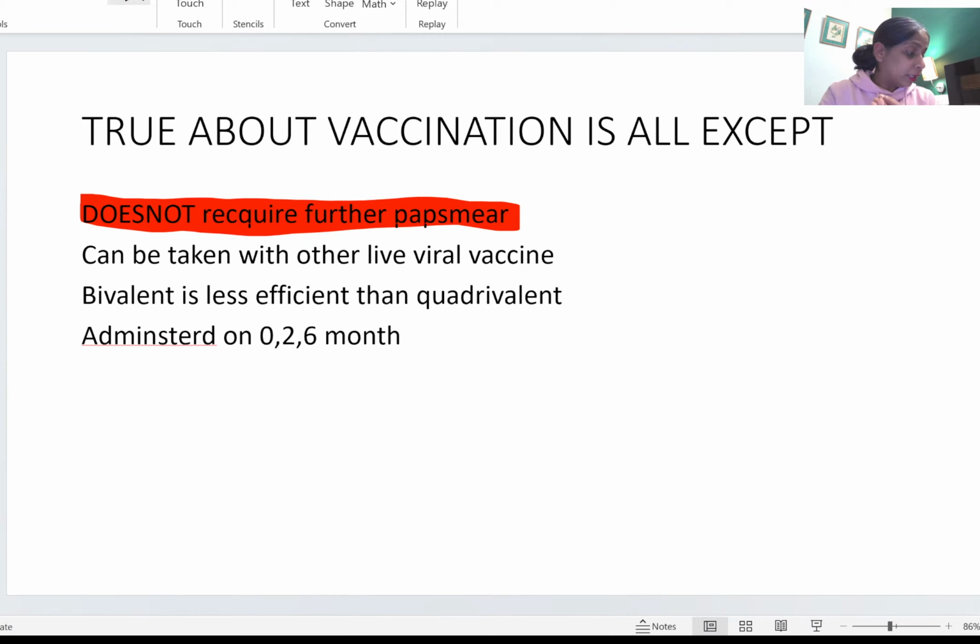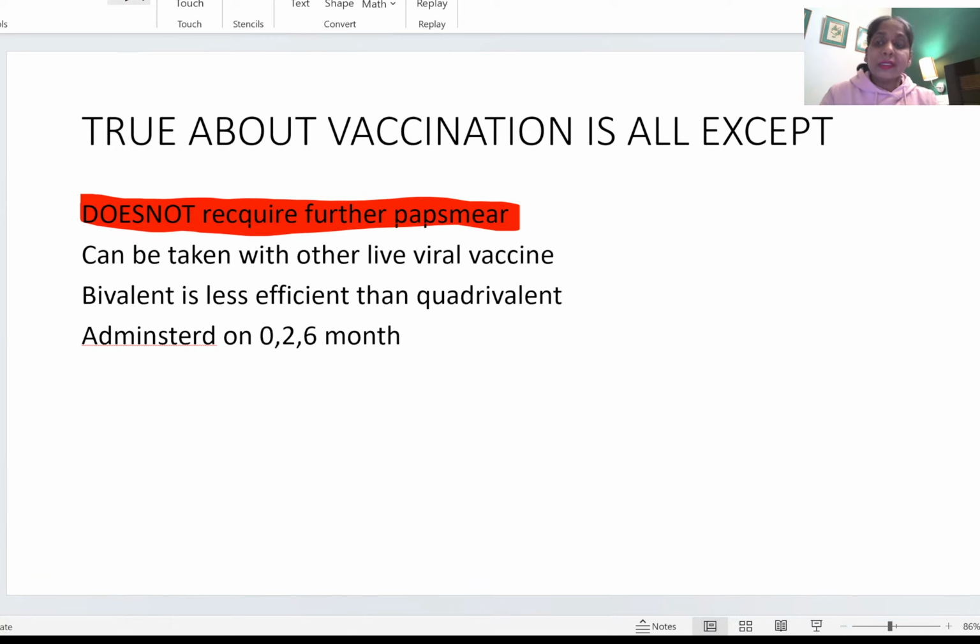Even if one is vaccinated, no, Isra, it is not D, it is A. Okay, listen carefully. Even if the female is vaccinated against all 9 serotypes, there are still hundreds of serotypes. So pap smear is a must for every girl, whether she has taken the vaccine or not.